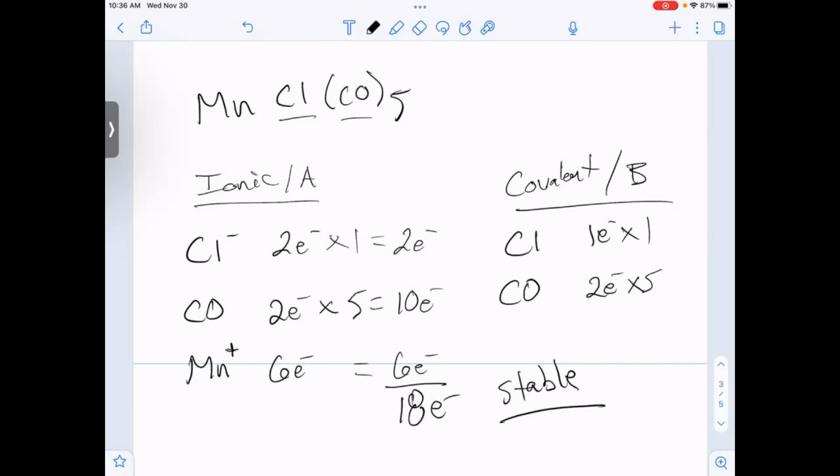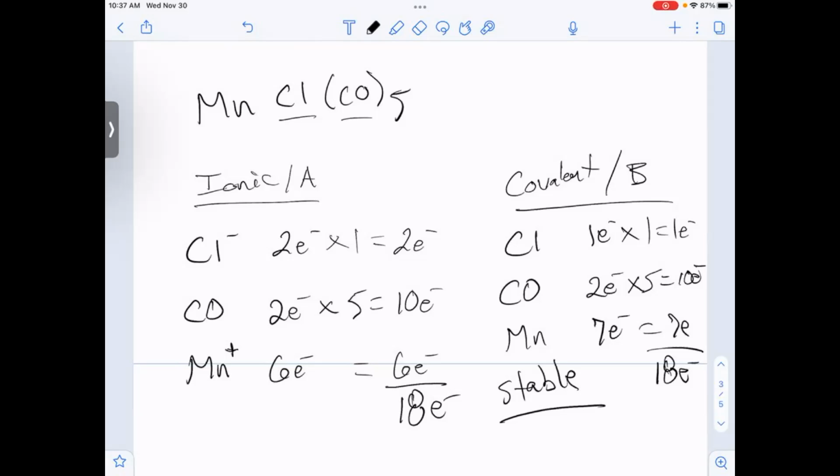We still have 5 of those. And then for the manganese, we just treat it as manganese 0. It's just how many electrons the manganese itself has. So neutral manganese has 7 electrons. Now if I add this total, 1 electron, 10 electrons, 7 electrons, the total is still 18.